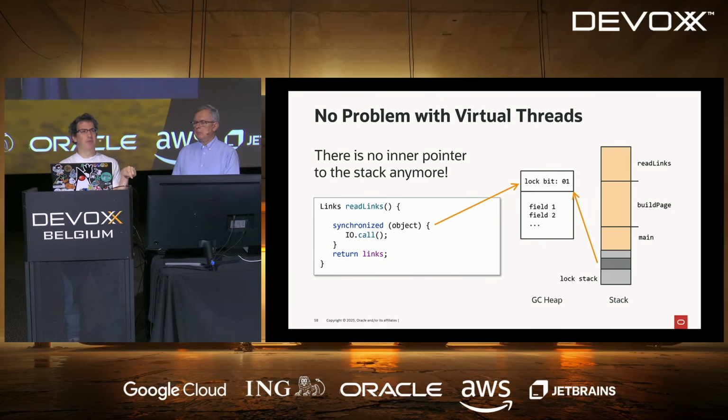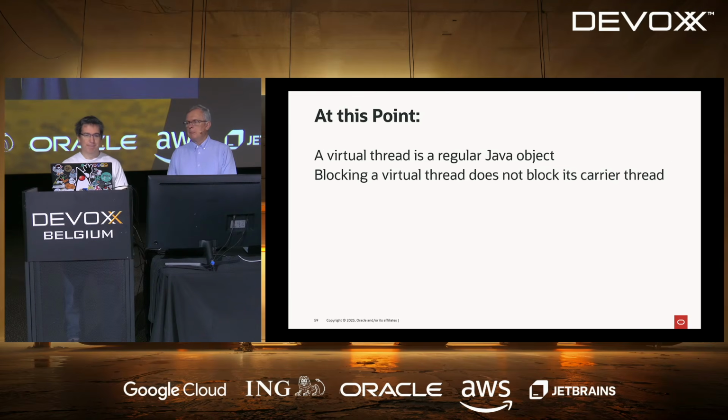There are more problems for the GC because now the lock stack can point directly to an object. So if the object is moved by the GC, you have to rewrite the lock stack zone, but it's another root for the GC, so it's not really an issue anymore.